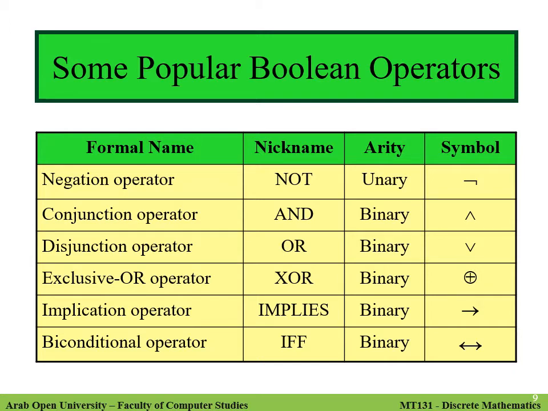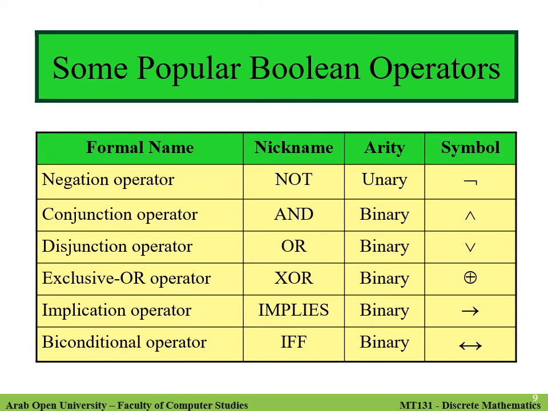The first operation is the negation. The short name for it is not. This is a unary operator, and this is the symbol we use for the operation. The next operator is the conjunction operator. The short name is and. This is a binary operation, and the symbol for it is like the number 8 in Arabic.